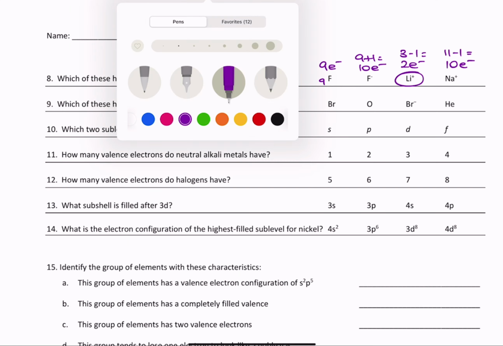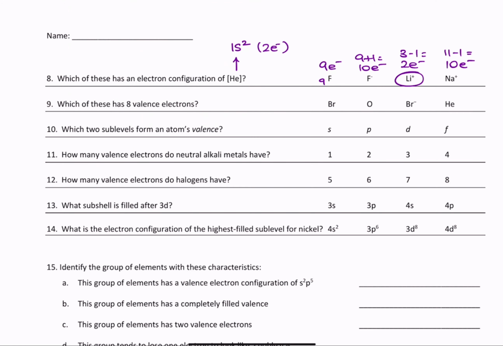Which of these has 8 valence electrons? So the option to have 8 valence electrons is to belong to group 8A, the noble gases. Be careful, helium is an exception, it only has 2 electrons. Okay? 2 valence electrons. So not the correct answer.